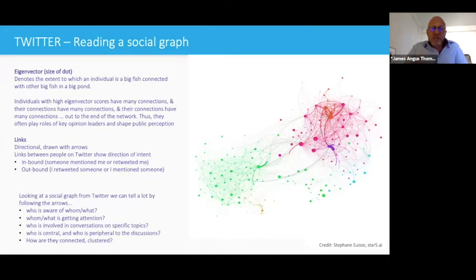Inbound means someone's mentioned me or retweeted me. Outbound means that I've retweeted or mentioned somebody. And so we can tell quite a lot from a graph like this. We can see who's aware of whom, who's getting attention, who's involved in conversations on specific topics, and I'll show you some examples of this, and who's central to those conversations, and who's more peripheral, and how they're connected.